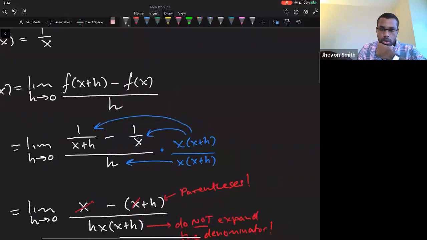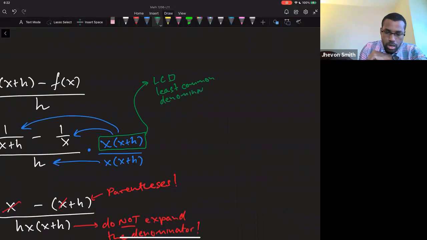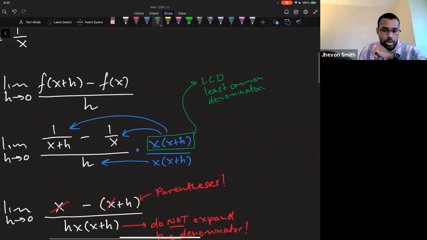Okay, so this guy here, the x times x plus h, is called the LCD, the least common denominator. The denominators in this fraction, where you have h over 1, 1 over this, and 1 over that, were 1, x, and x plus h, and you want to find the LCD of those.